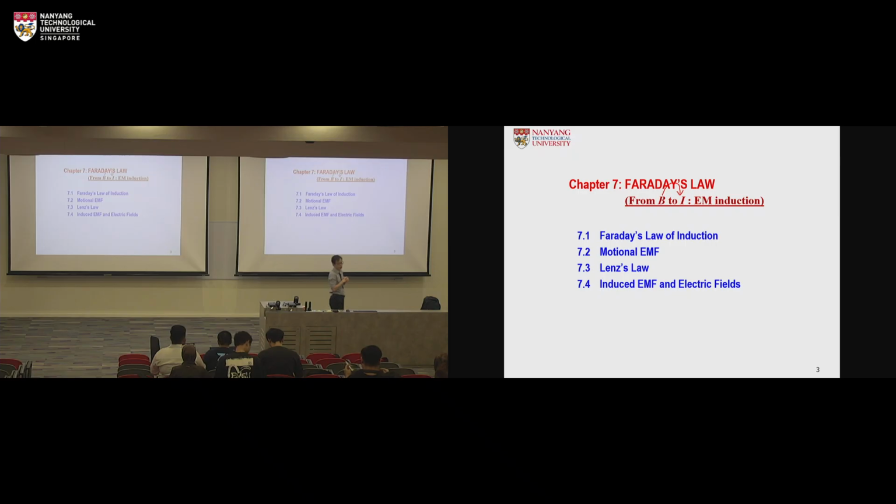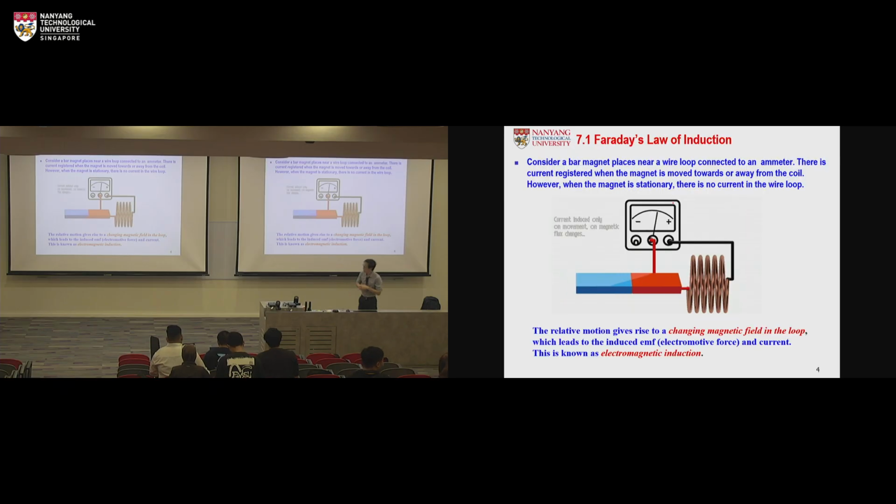This from B to I is the so-called electromagnetic induction. You can visualize this electromagnetic induction process with this kind of experiment. Let's say you have a coil connected to an ampere meter which can read the current flowing through this coil.